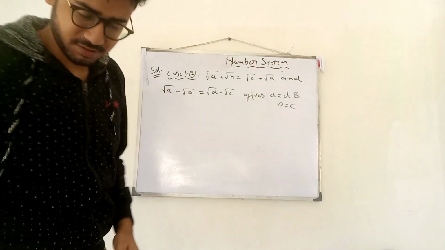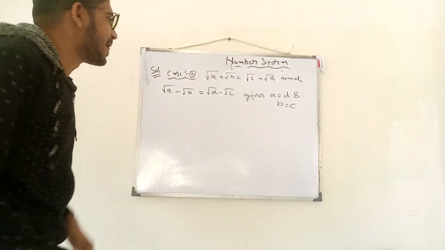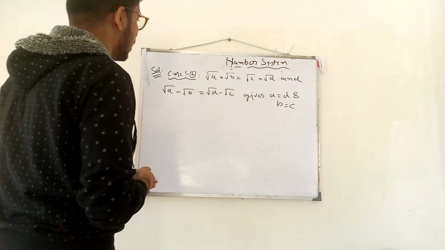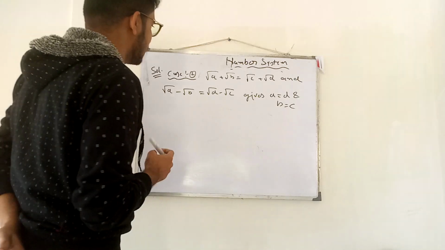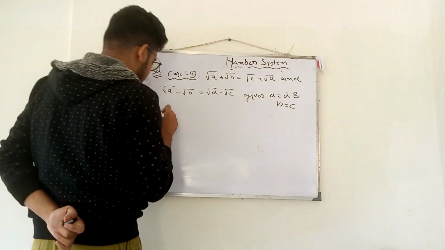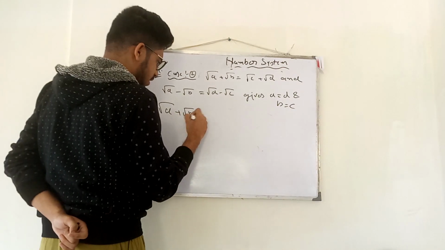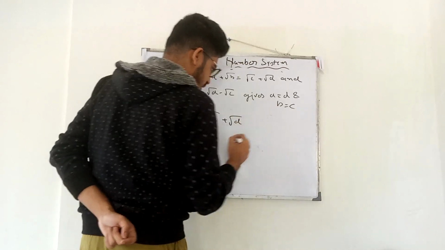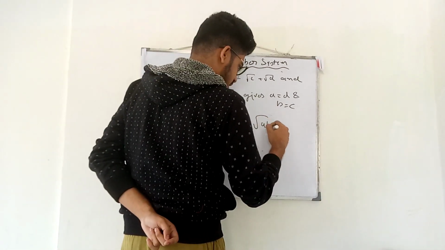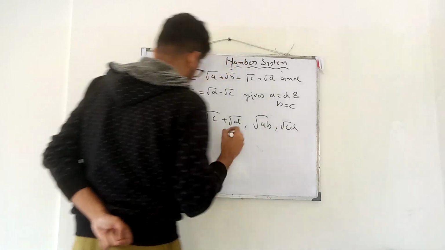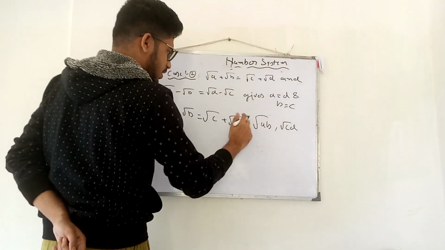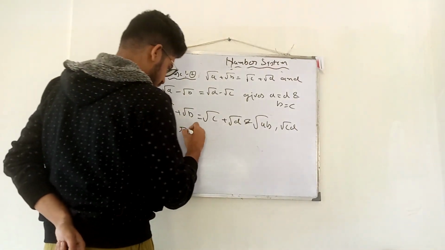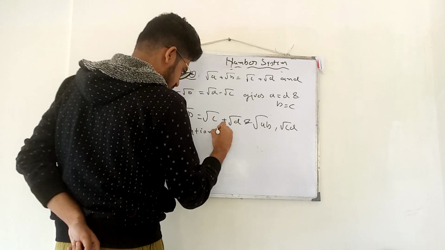Suppose here we have been given one pattern. Suppose root a plus root b is equal to root c plus root d, and root ab and root cd are rational.